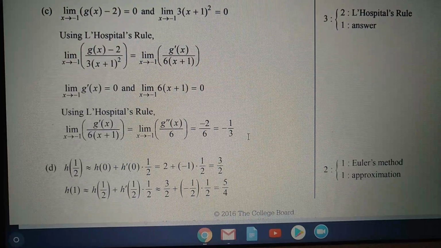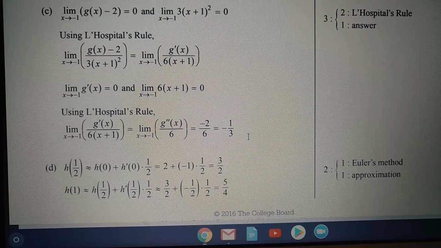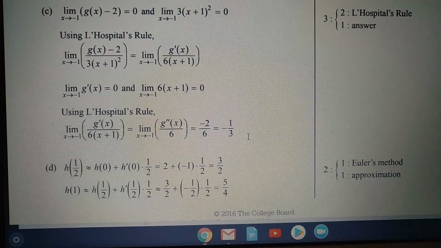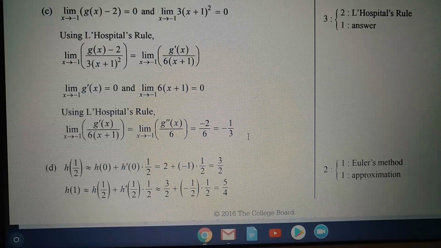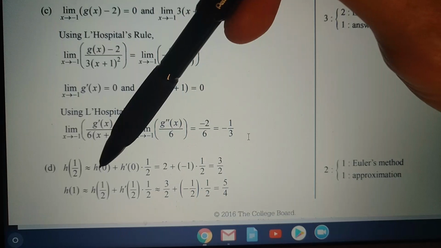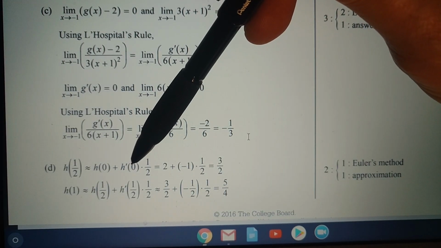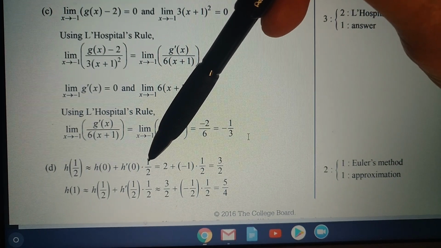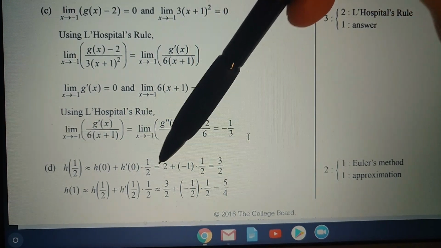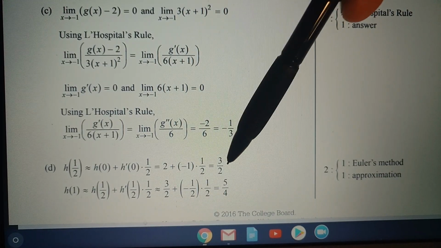All right, then for part D, you have to use Euler's method. Basically you get 1 point if they can demonstrate that you understood Euler's method and the process is there. So it's 1 point for demonstrating the process: you start with a value at 0, take the derivative at that value, multiply by 1/2, and get the new value, which is the value plus that, which is 3/2.